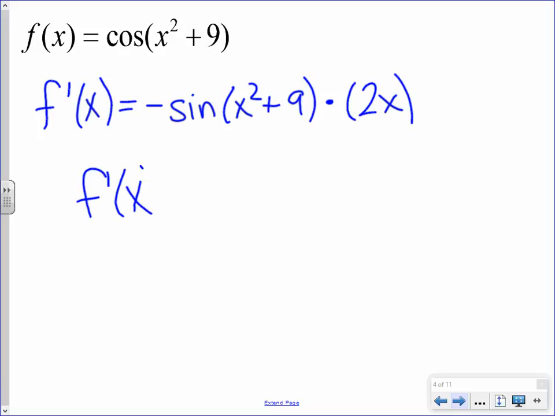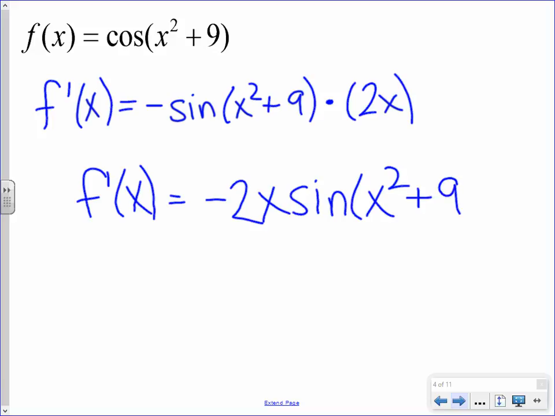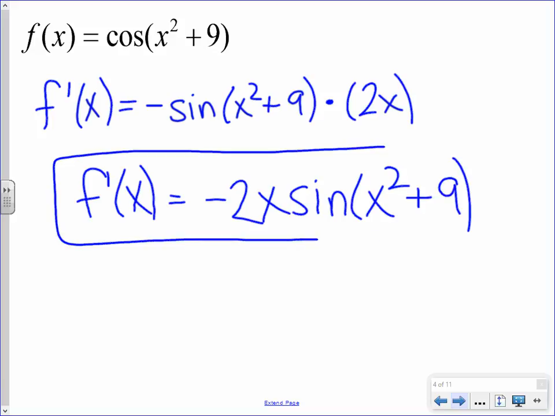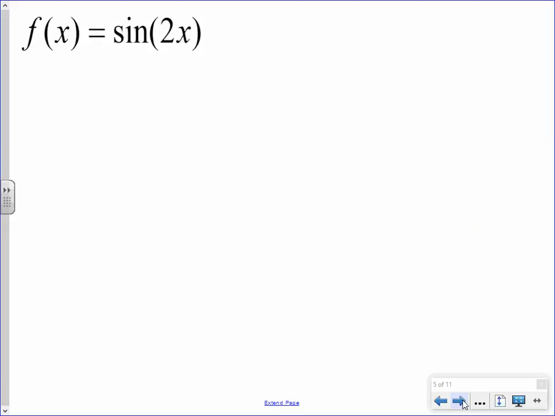So our derivative is negative 2x sine of x squared plus 9. Next one.